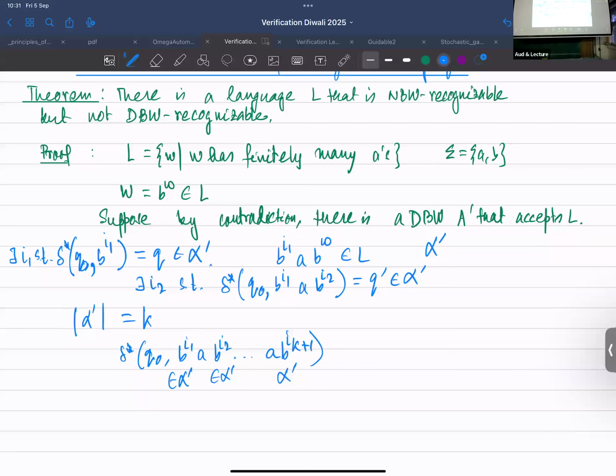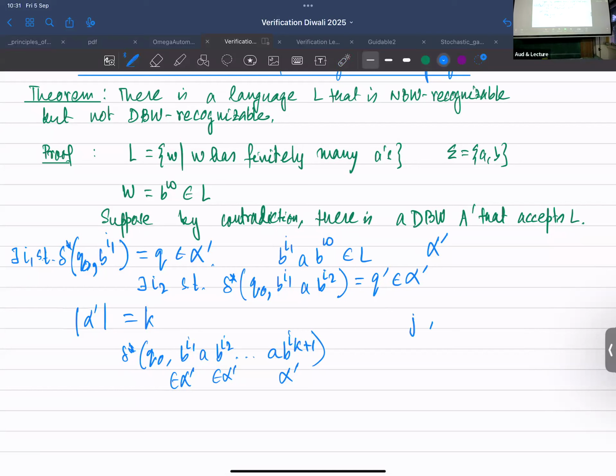There are at most K states in alpha prime, correct? So by the pigeonhole principle, there exist some j and l less than or equal to K plus 1 such that some state in alpha prime is visited at least twice.